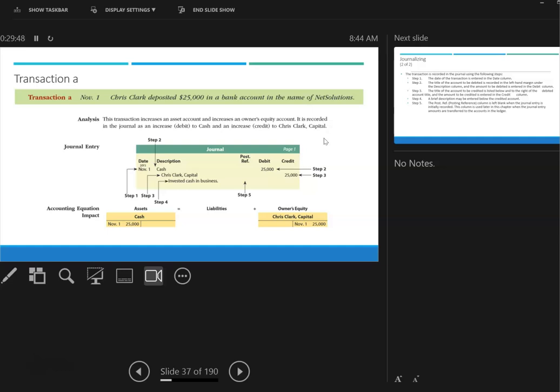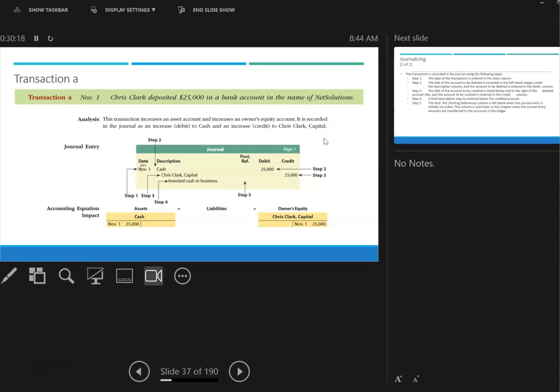Two accounts were affected, cash went up and the Chris Clark capital went up, didn't it? So do you see down here our cash increased, which means it was debited, and over here our owner's equity increased, which means it was credited? Do you see how our assets still equal our liabilities plus our owner's equity?